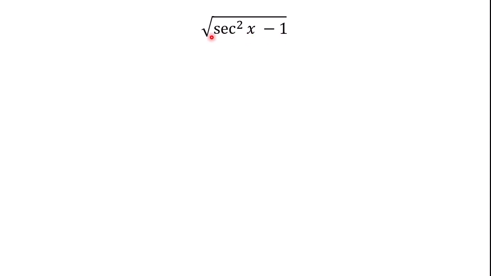So if we have gotten this one, it's a matter of just replacing it with tangent x, because tangent x is equal to square root of secant squared x minus 1. So this one is equal to tangent x. Okay, so let's write.